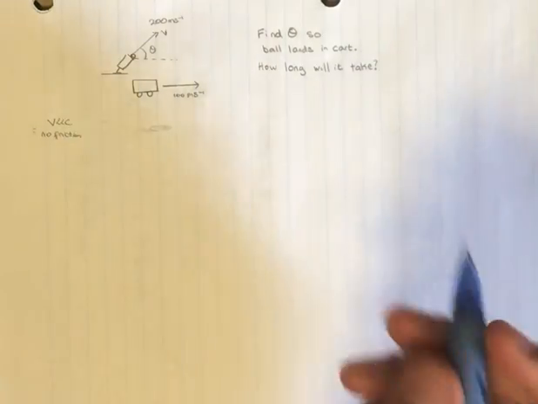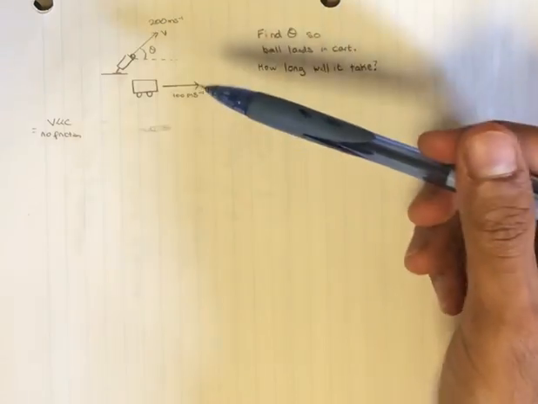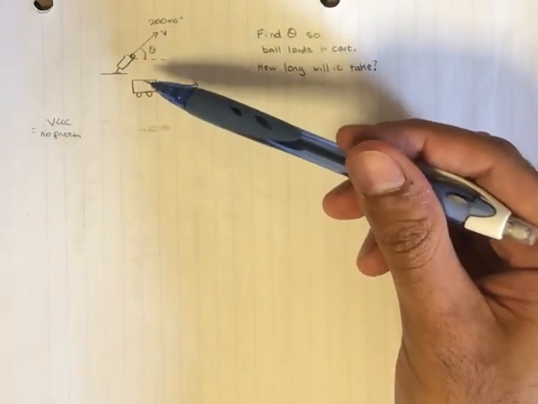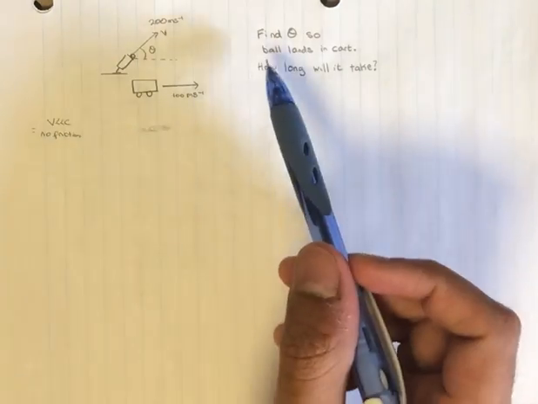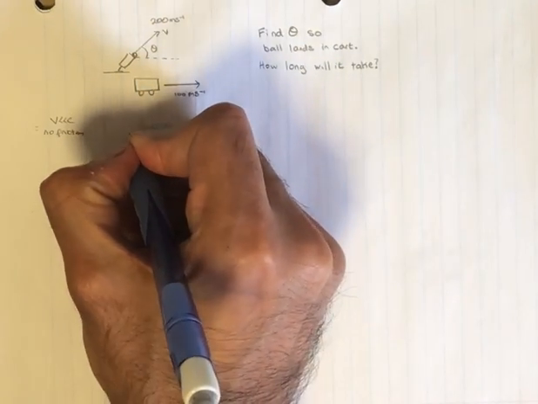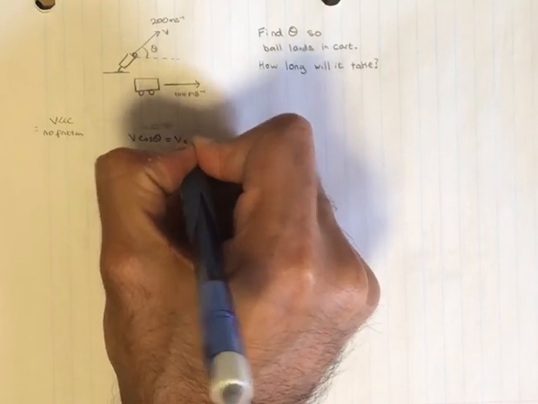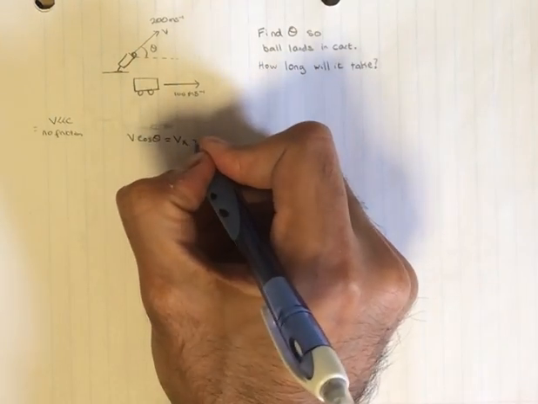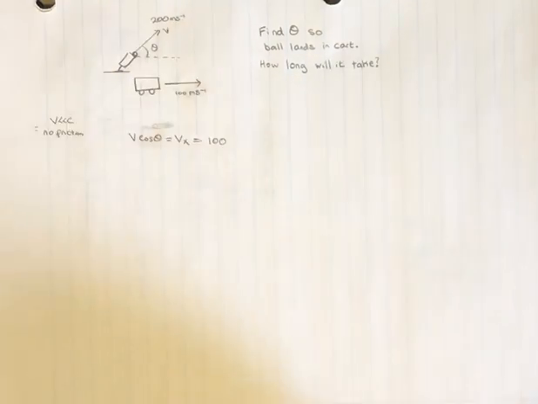So let's just go ahead and resolve for our x component of the velocity, because we want the horizontal velocity of the ball and the cart to be the same essentially, so that the ball lands in the cart. So we want v cos theta, which is our x component of velocity, to equal the speed of the cart, which is 100 meters per second.